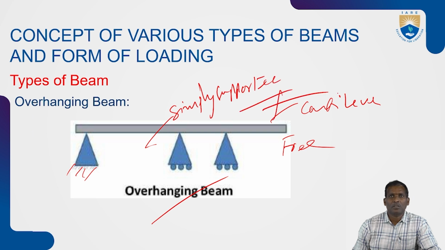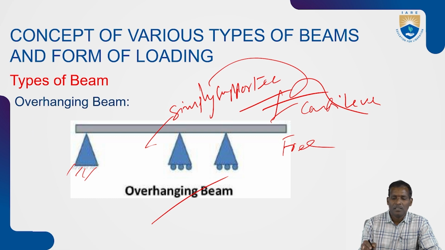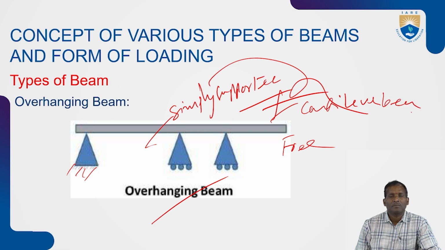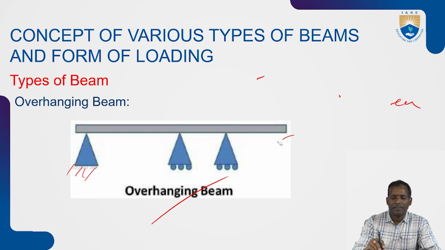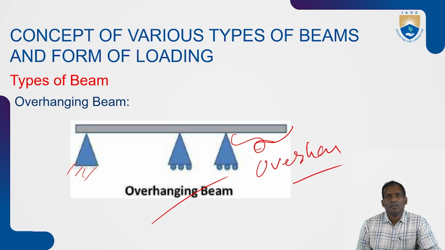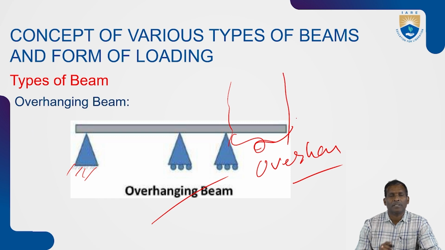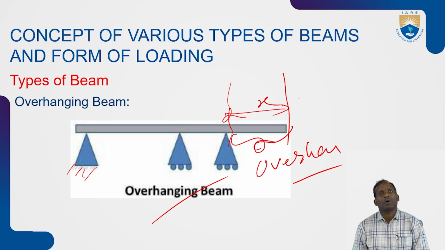So the combination of these two, simply supported plus cantilever beam, gives overhanging beam. Some portion of the beam is overhanged. Here you can see this portion overhang, not supported, from the roller support to this free end, with some x distance. This is overhanging beam.